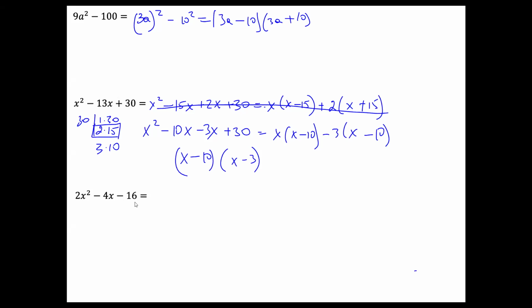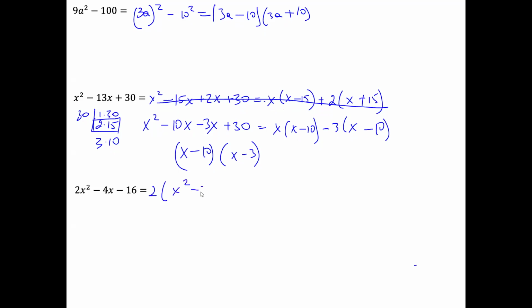This one, I can take 2 outside. And what I have, 8: 1 times 8, no, 2 times 4. Yes? So 2 times x squared minus 4x plus 2x minus 8.